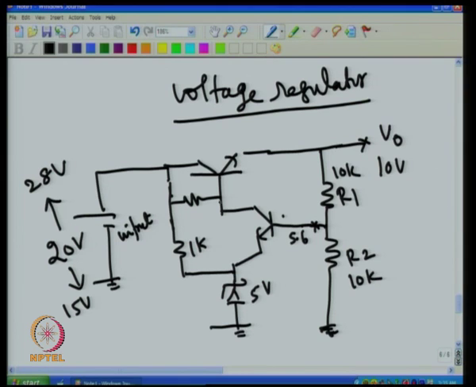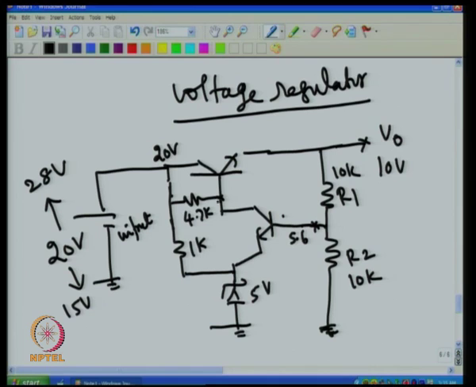After all, the voltage at this point is the supply voltage, say 20 volt sitting at any given time, and if I put a 4.7k resistance here, then if 5 milliampere goes, you will have a 20 volt drop, and that will make this 0. If 1 milliampere goes through this, you will have a 4.7 volt drop. That means, if it is 20 here, a 4.7 volt drop will give me 15.3 volt here.